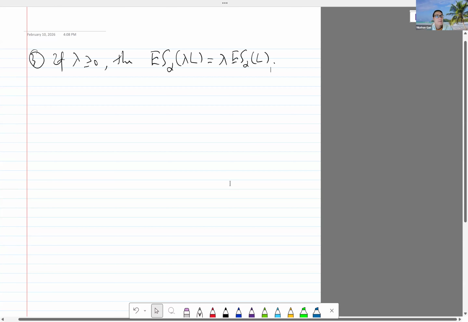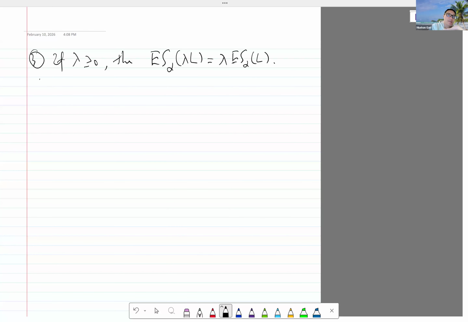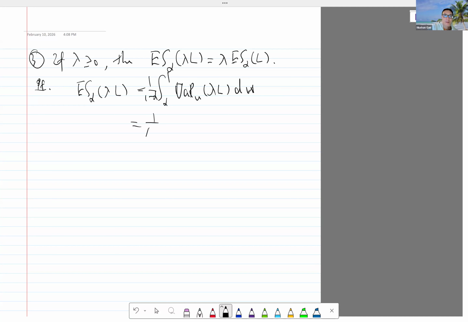The third property is this one. If lambda is larger than or equal to 0, then expected shortfall alpha of lambda L equals lambda times expected shortfall of L. Again, this is true because it is true for value at risk. For value at risk, you can take the lambda out, right?